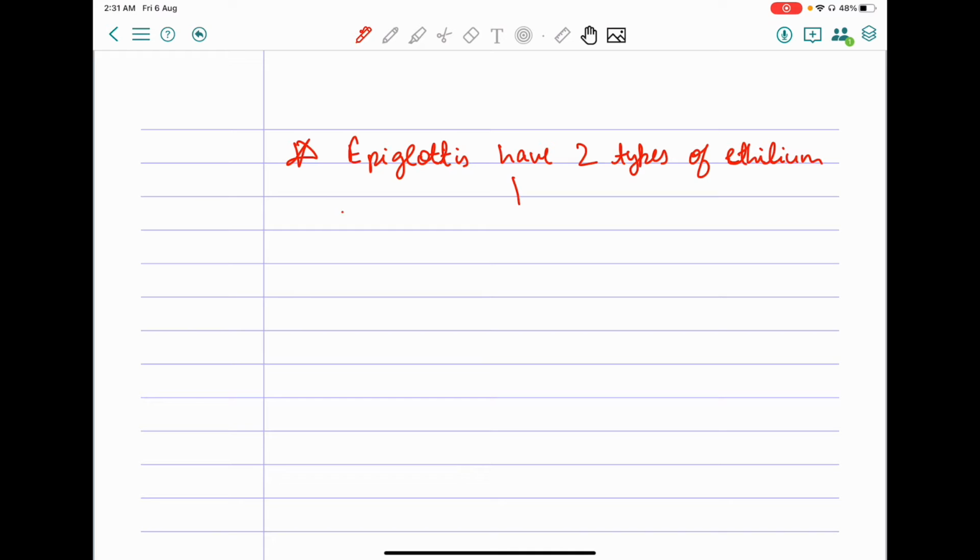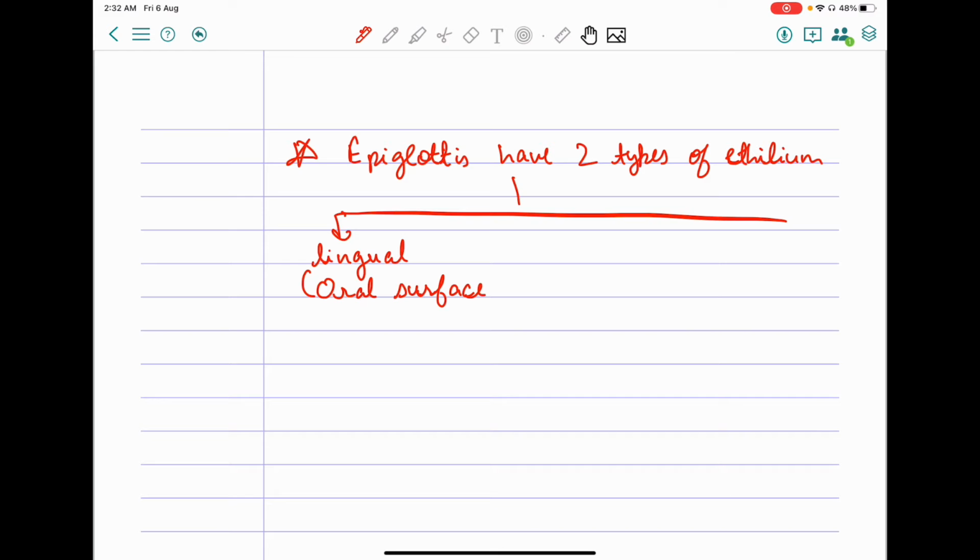Because it has two surfaces. What are the two surfaces? One is the lingual surface, which is actually the oral surface, and the other one is the laryngeal surface, where the respiratory epithelium is found.